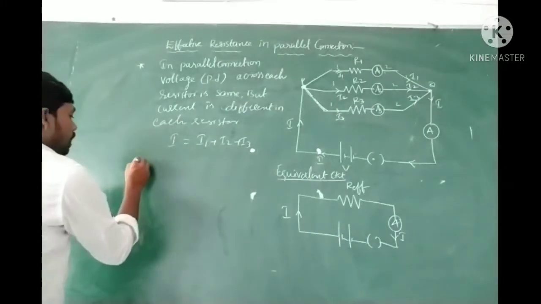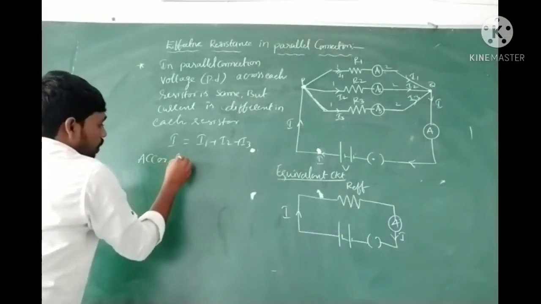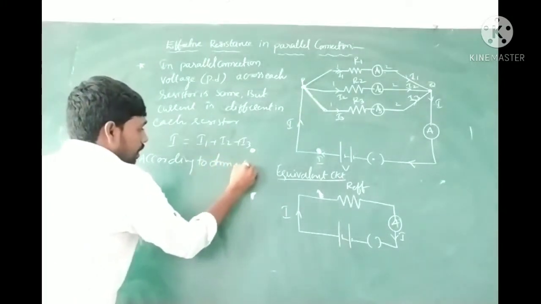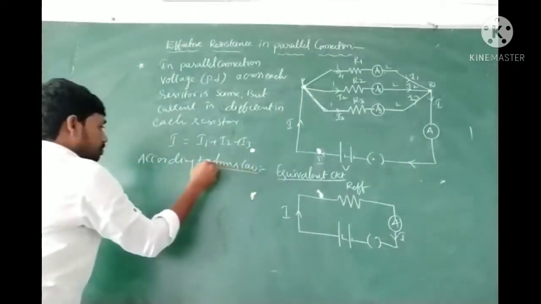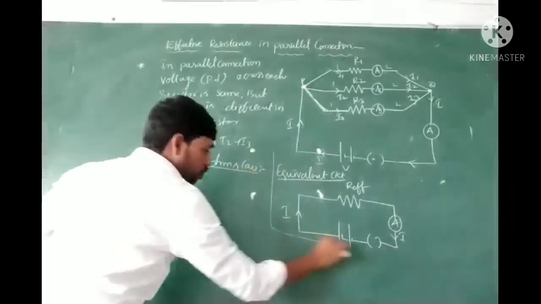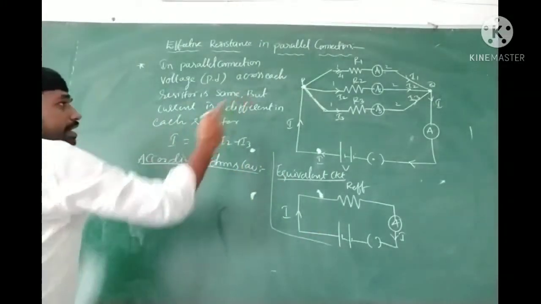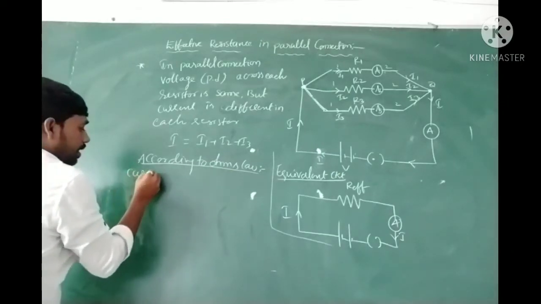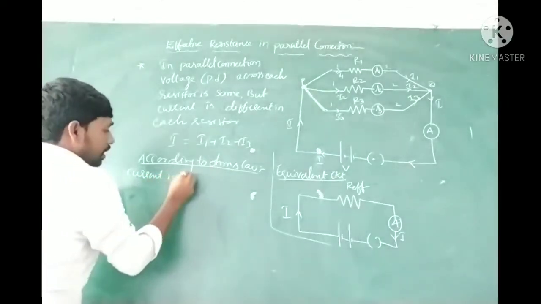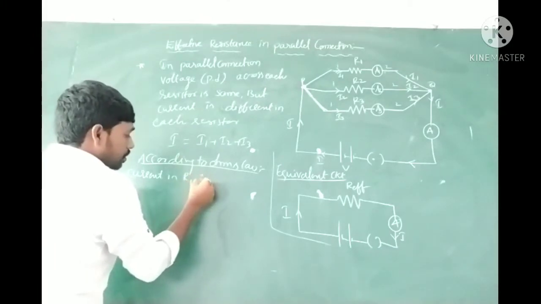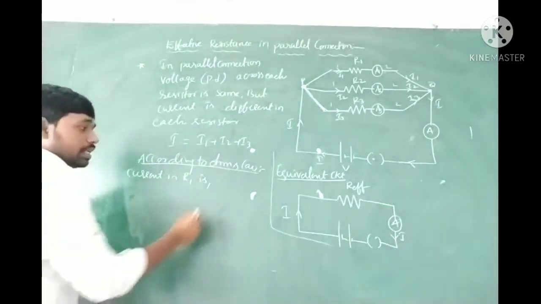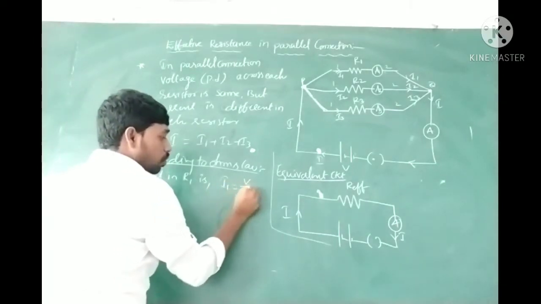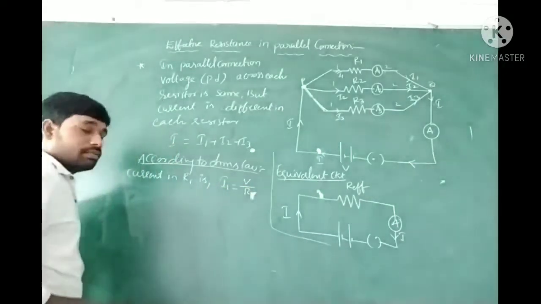According to Ohm's law, the current flowing across the R1 resistance, I1, is equal to voltage by resistance R1.